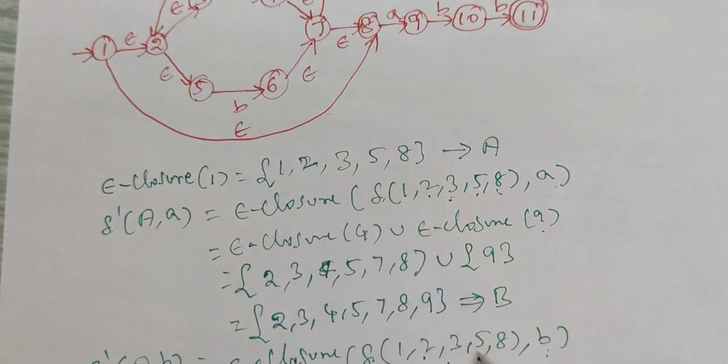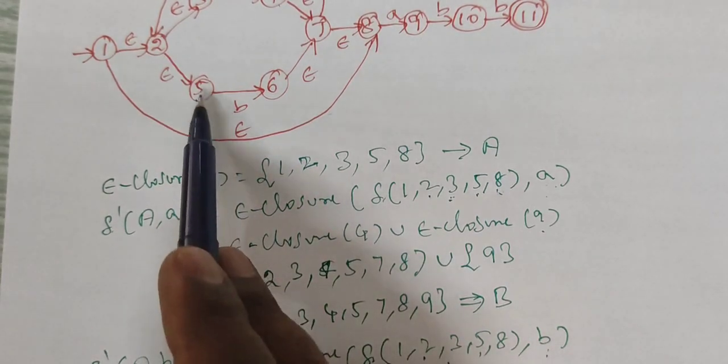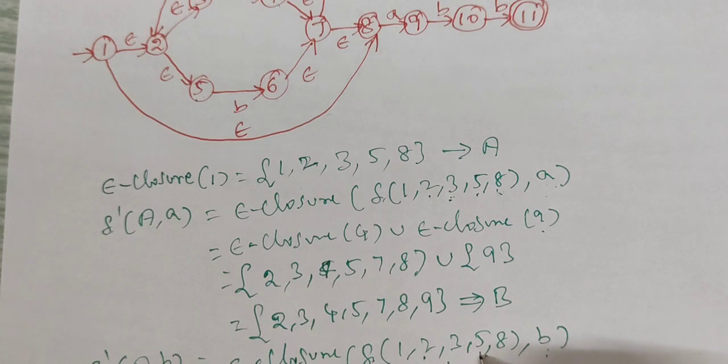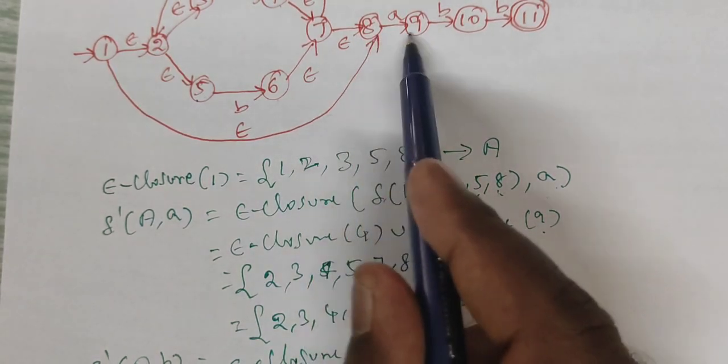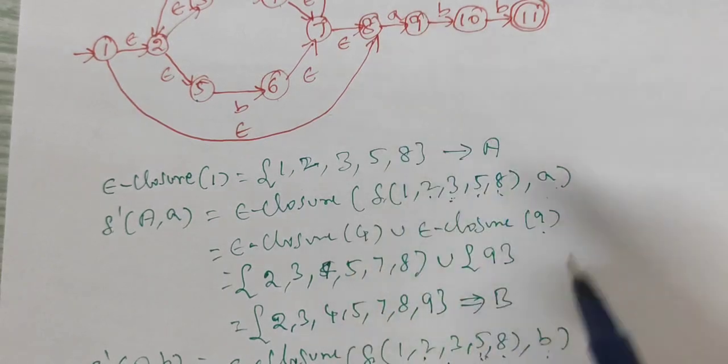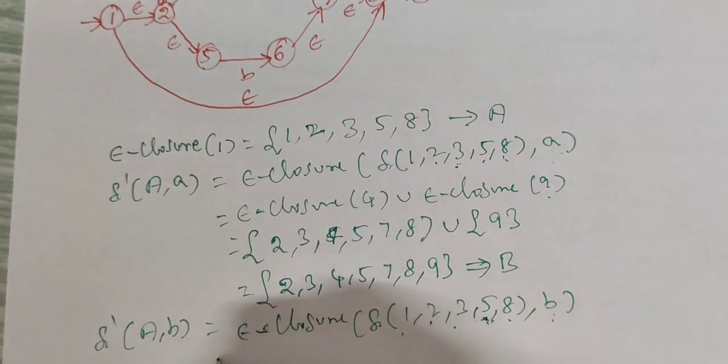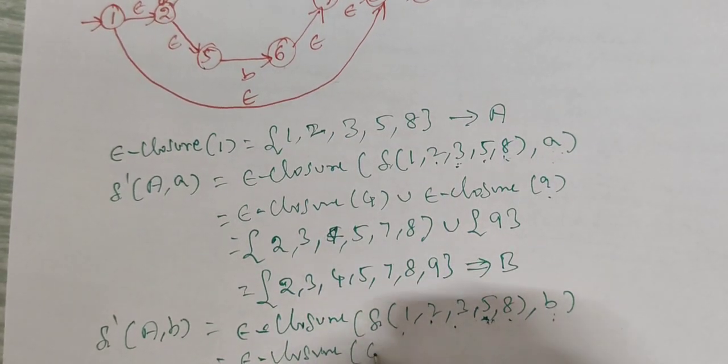But 5 has an input b. When b is applied in 5, it goes to 6. So we get 6 as an output here, and 8 does not have an input b, it has only input a. Now when we apply b on 5, it goes to 6. So we get epsilon closure of 6.